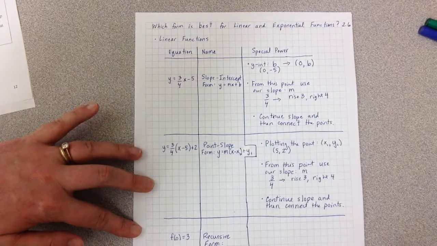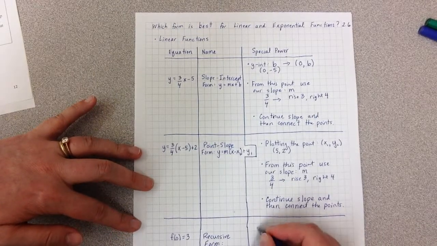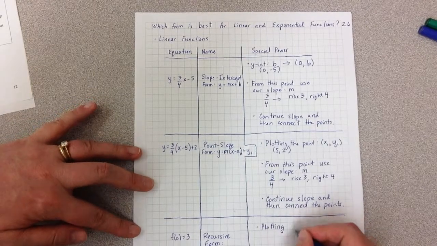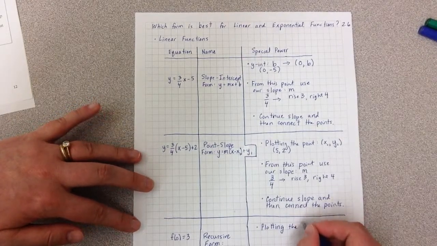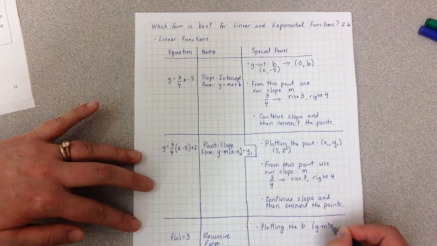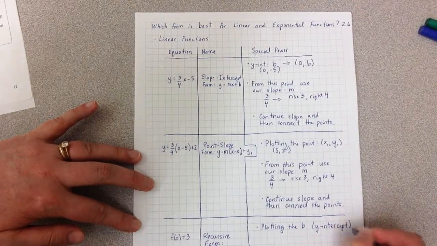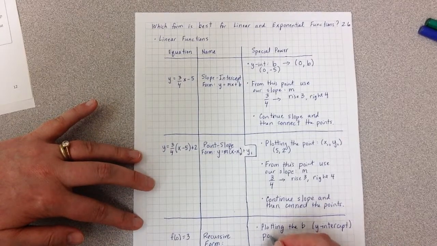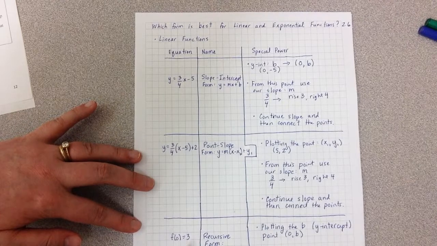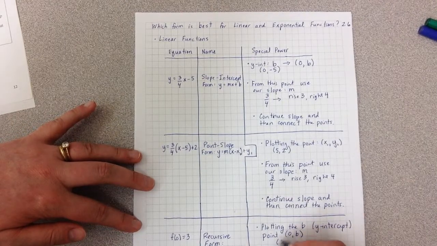And so for this one, we start by plotting the b, which is our y-intercept, or the point (0, b). In our example, it's (0, 3).